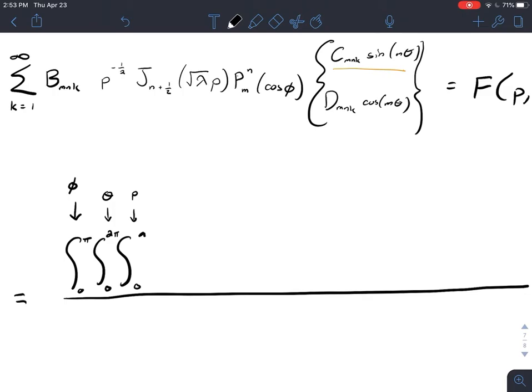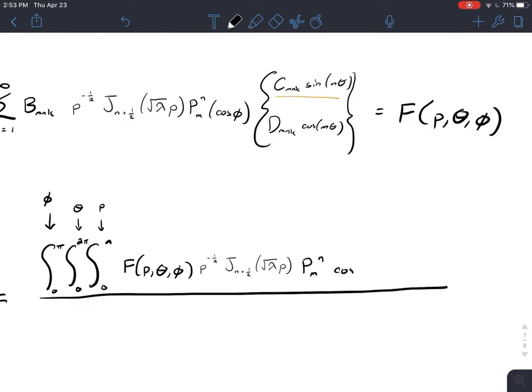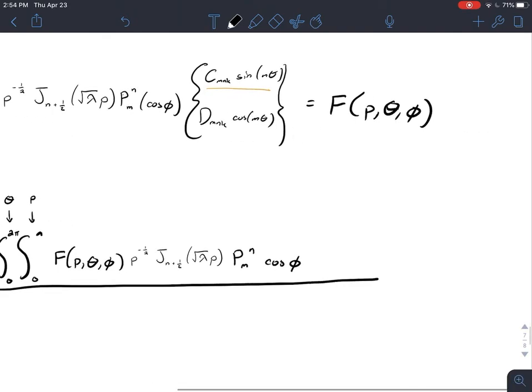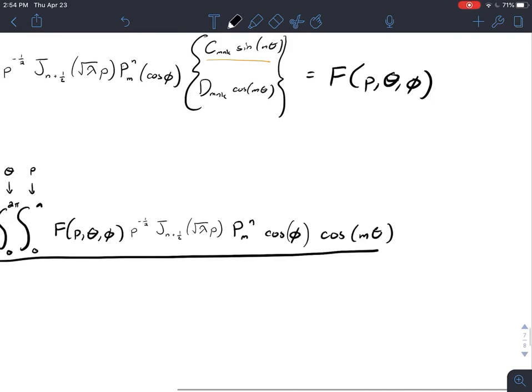So on the numerator, we're going to multiply everything by each corresponding eigenfunction. So f(ρ, θ, ϕ) corresponds to this garbage right here, times P_mn cosine phi times cosine m theta. And then we have to make sure we're integrating in the appropriate space.